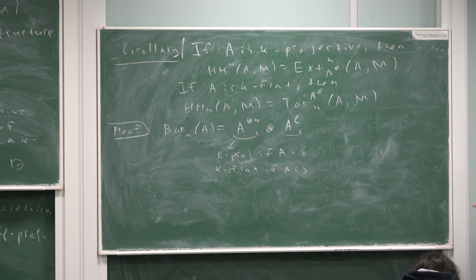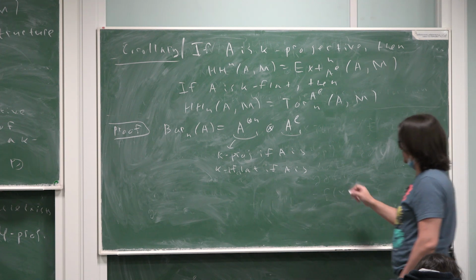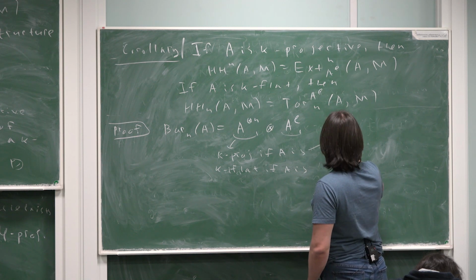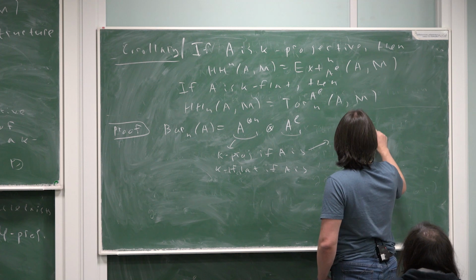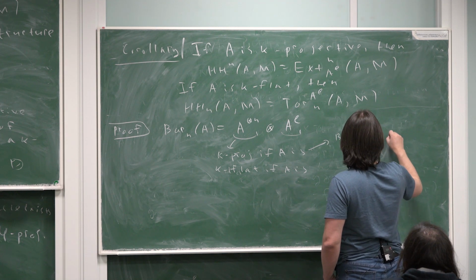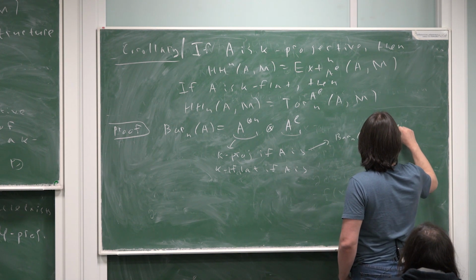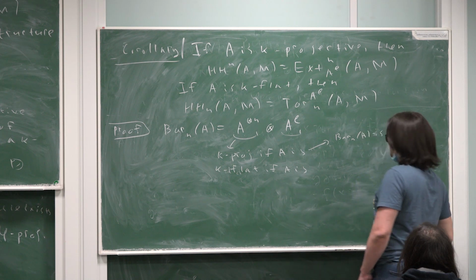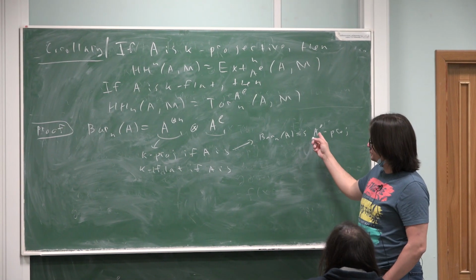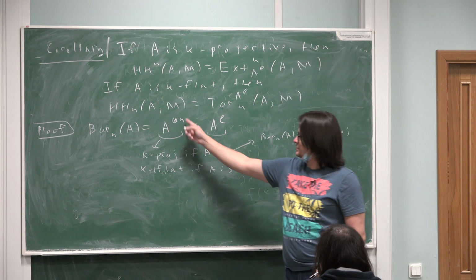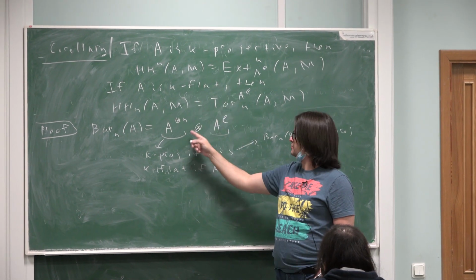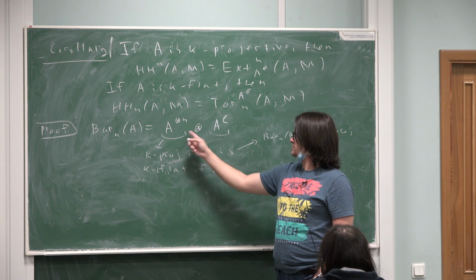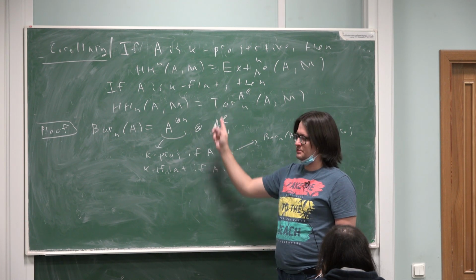So in this case, bar n of A is AE projective. To show this, you simply note that A tensor n is direct sum of k in some power, then this tensor product is simply AE in some power.